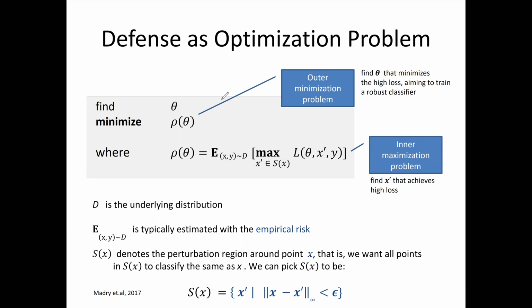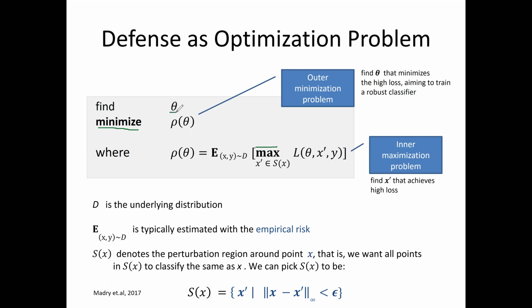First of all, we have a nested optimization problem: a formulation of an adversarial defense which has to solve the following big optimization problem. We have an outer minimization and an inner maximization. So we have a min-max optimization problem, and these optimization problems are, not surprisingly, difficult to solve.